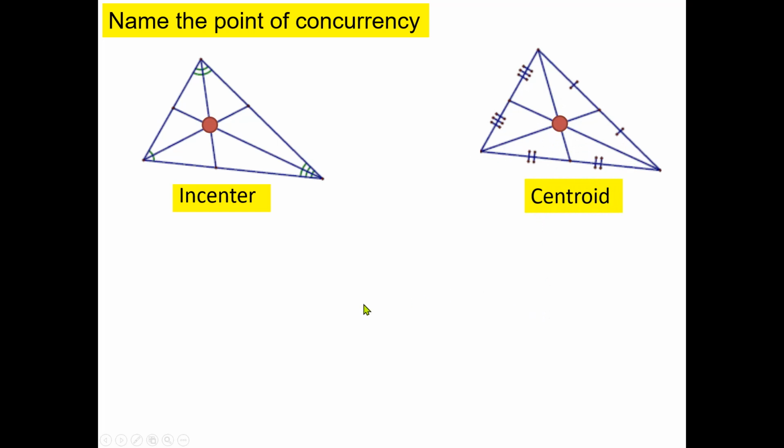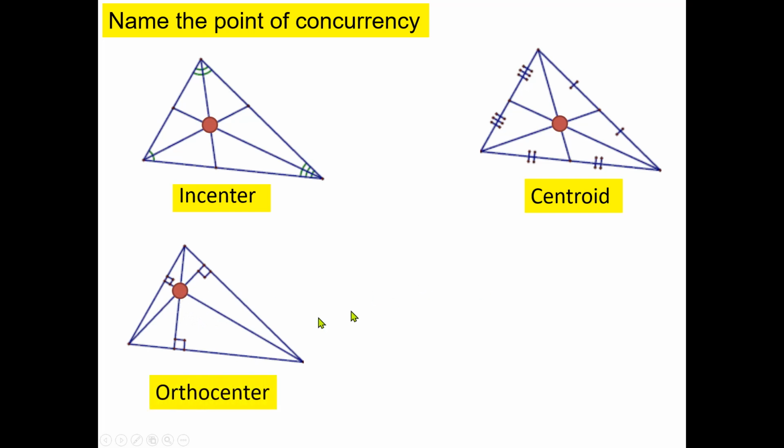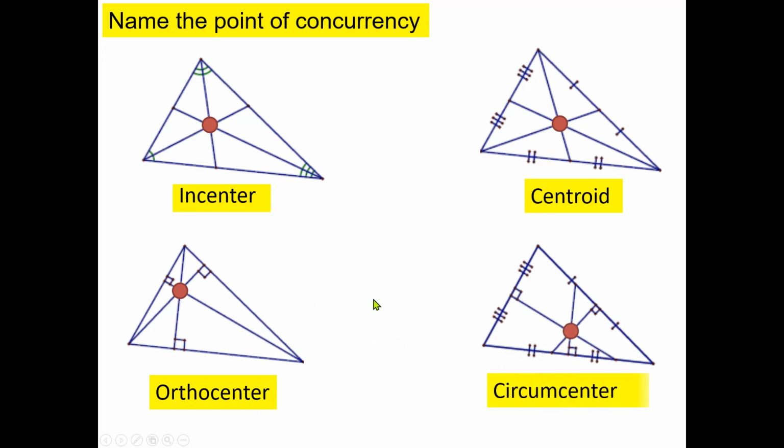This point is called an orthocenter, created by making three altitudes. This point will be called a circumcenter. The circumcenter is made out of perpendicular bisectors.